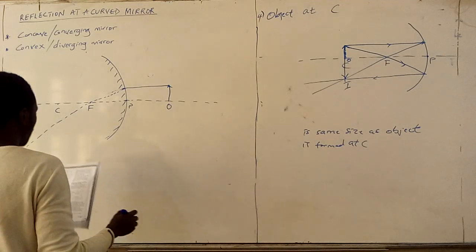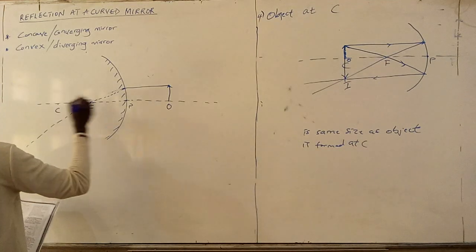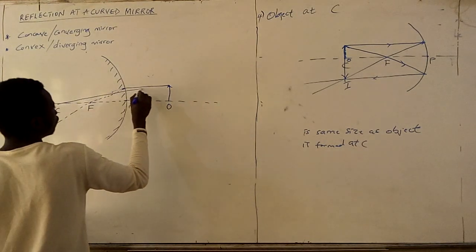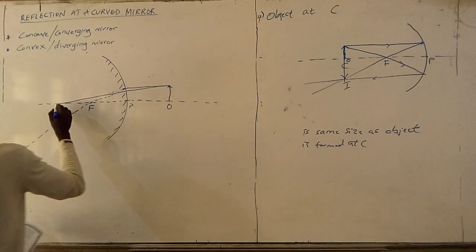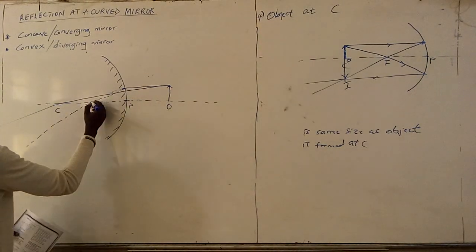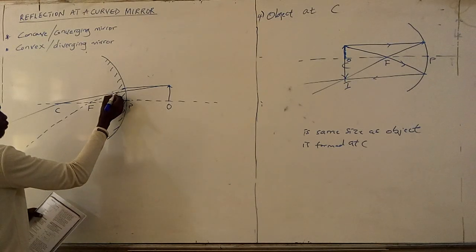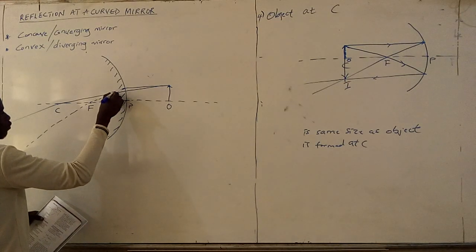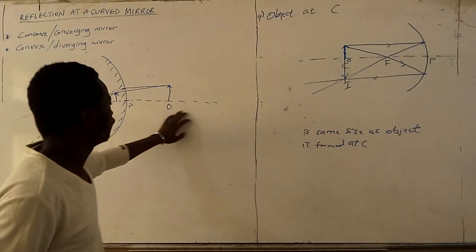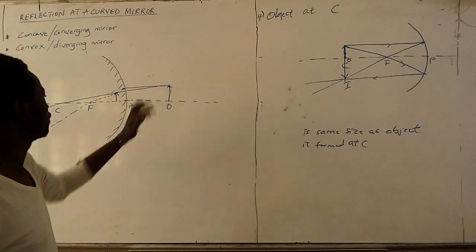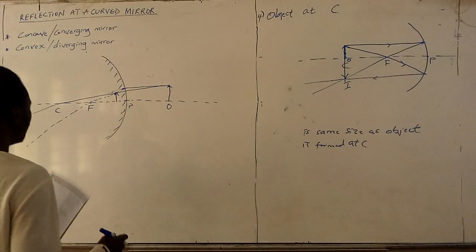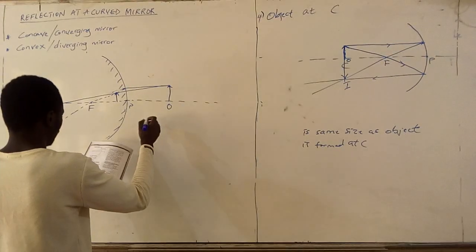Then we are going to have a line from C to the top of the object. So I'm going to draw something like this. So where these two lines meet, this place. So wherever the object is, if you place it beyond this part or you place it here, these are the only properties of a convex or diverging mirror we have.